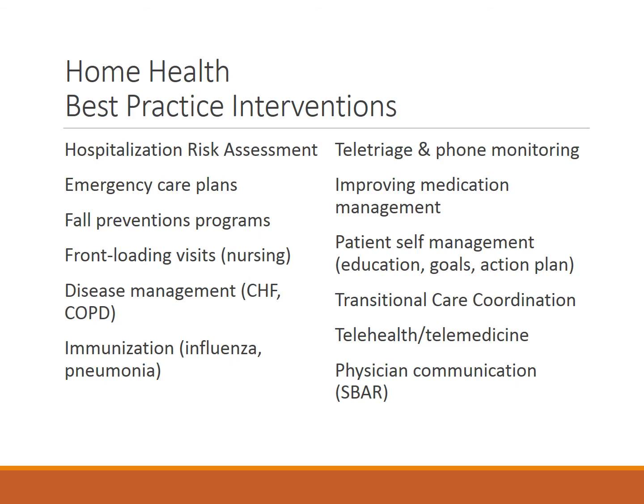So emergency care plans, fall prevention programs. One method for home health best practice is see the patients pretty intensively the first week they're home, because that's when they're the weakest and the most compromised and most confused. And by doing that, we can decrease their rehospitalization risk.